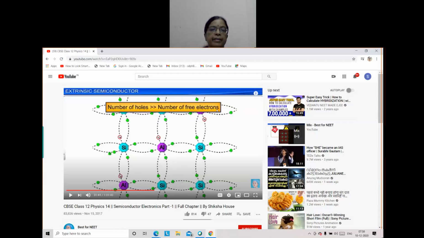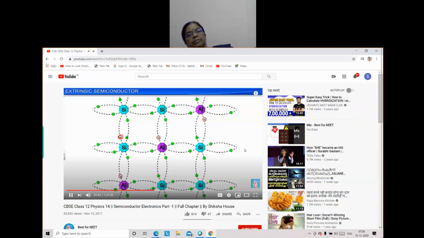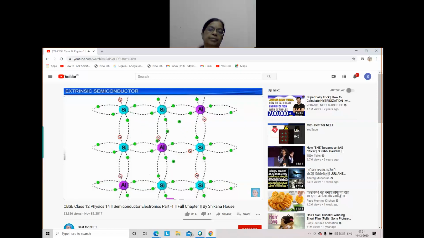That is happening. We learnt earlier that a positive charge is assumed to be associated with holes. Thus, positively charged holes act as majority charge carriers in a semiconductor doped with a trivalent dopant.